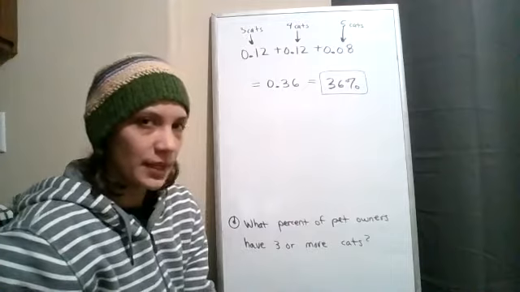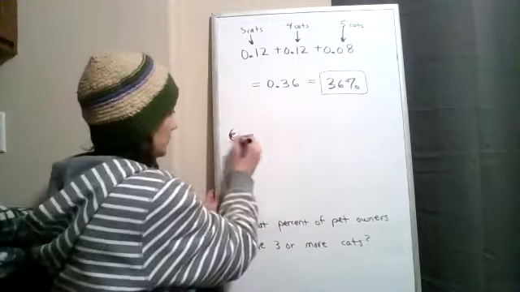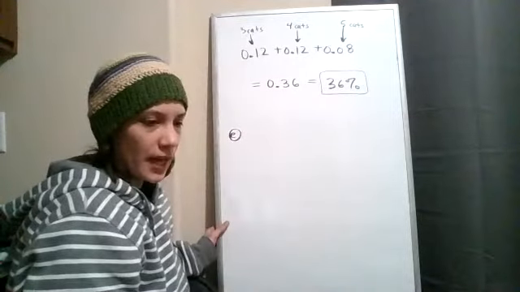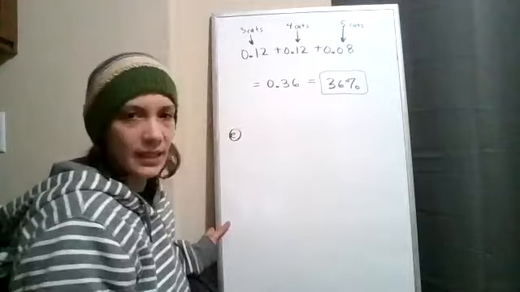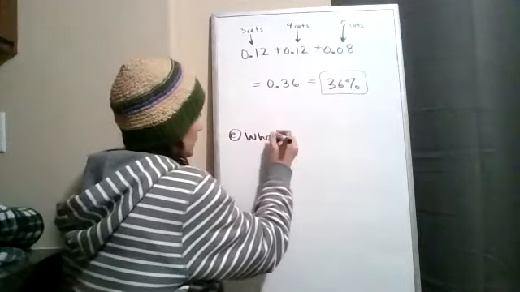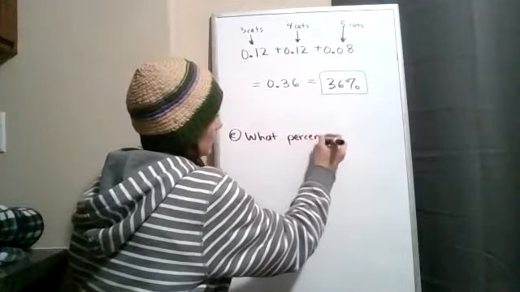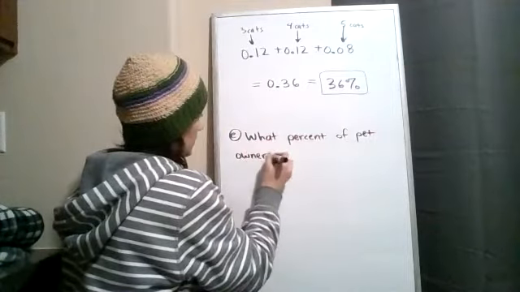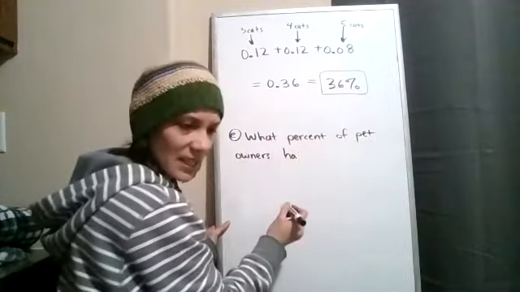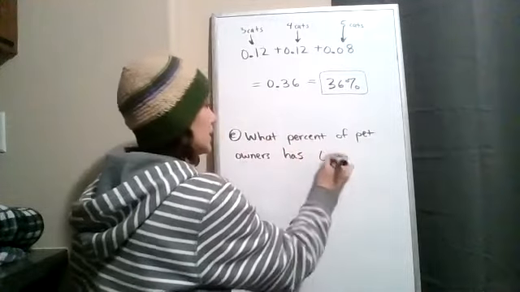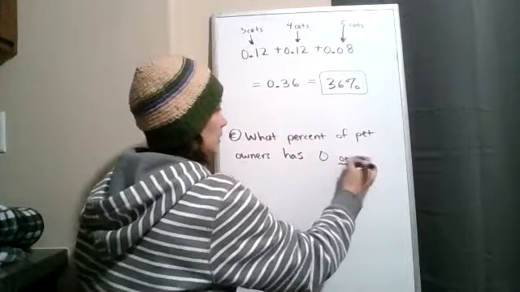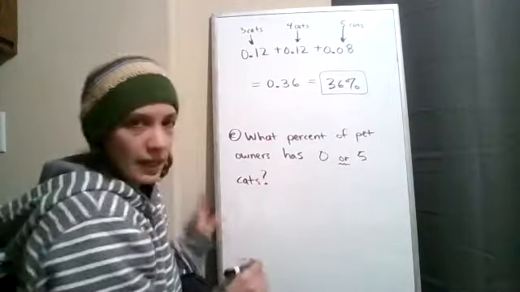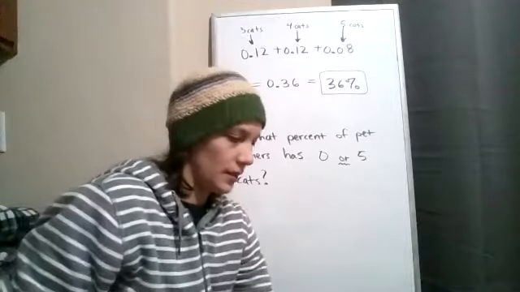One more, last one. What percent of pet owners have 0 or 5 cats? Okay, let's see. 0 cats was 0.28.